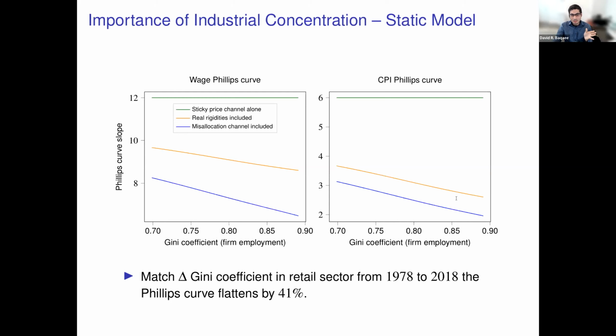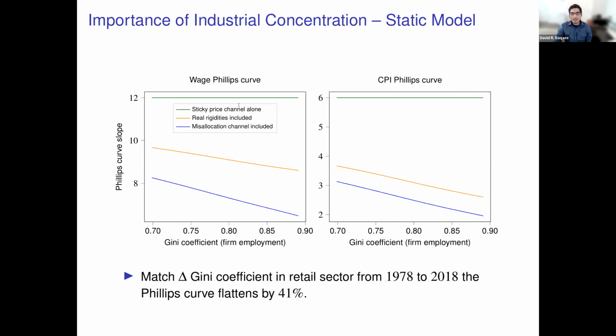So the Gini coefficient in the retail sector in the US at the aggregate level has increased from maybe 0.7 to about 0.85 or something like that, from the late 70s to the late 2010s. So if you go from here to here, you are following the aggregate trend of the Gini coefficient. And then what this plot is showing you is the slope of the price and wage Phillips curves.